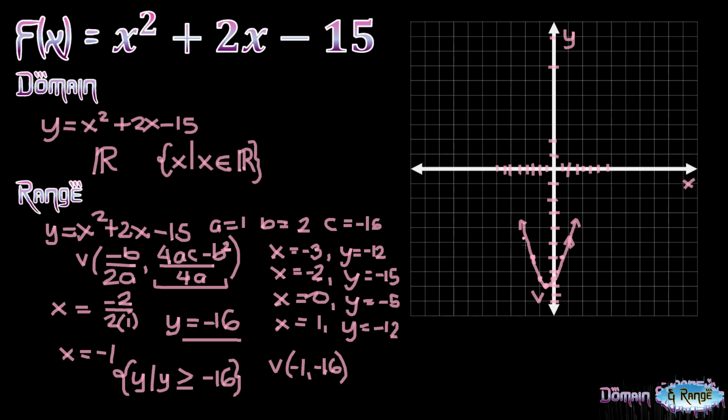As the graph goes to that point in this direction, it will no longer touch the points at the bottom. In short, the vertex is the lowest point, and the lowest value of y is negative 16. Hence, the range contains negative 16 and all the values above it. That's why we have our range, and this is correct: the set of all y such that y is greater than or equal to negative 16.